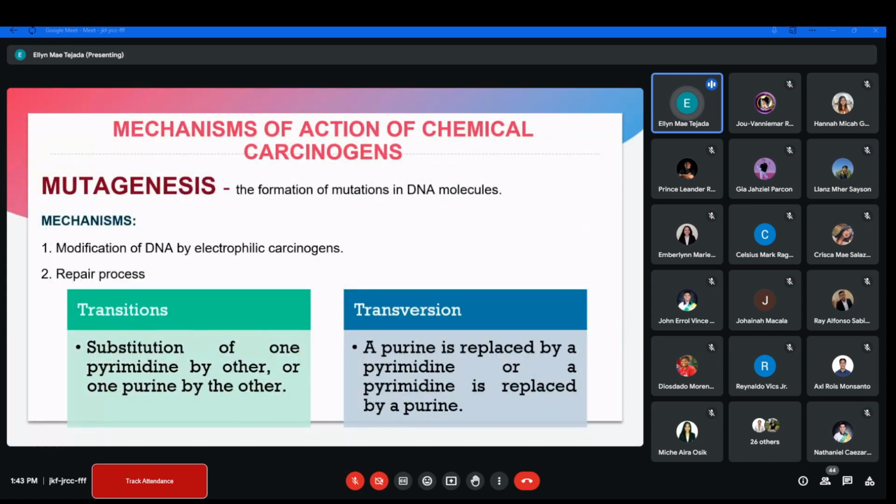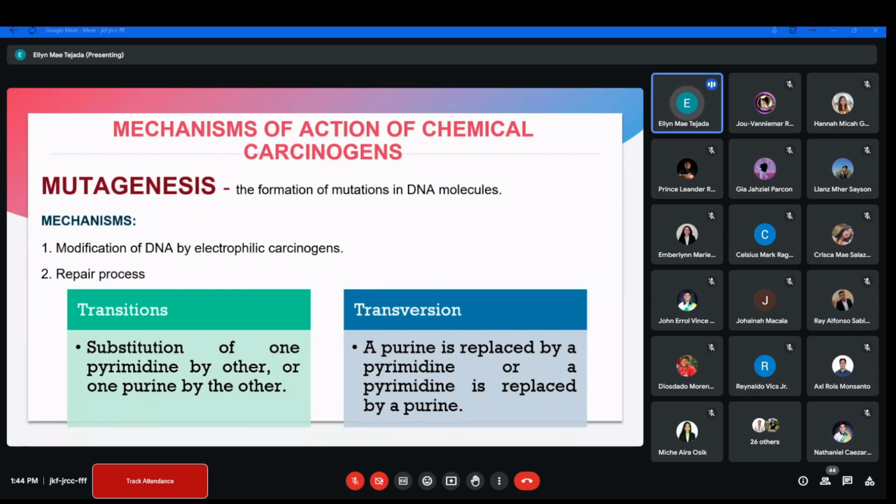In continuation, we also have mutagenesis. It is the formation of mutation in DNA molecules. The reaction of a carcinogen with genomic DNA, either directly or indirectly, may result in DNA adducts or DNA damage, and it could frequently produce a possible mutation.